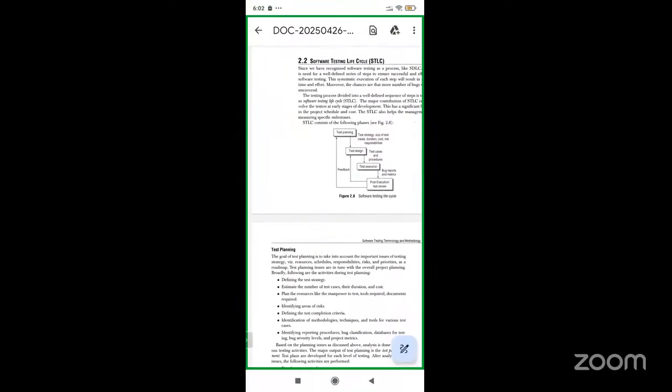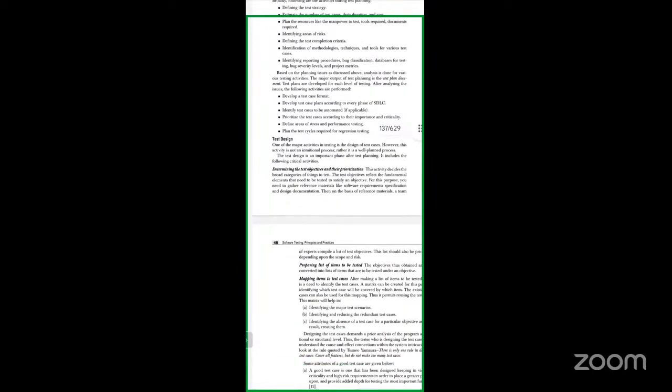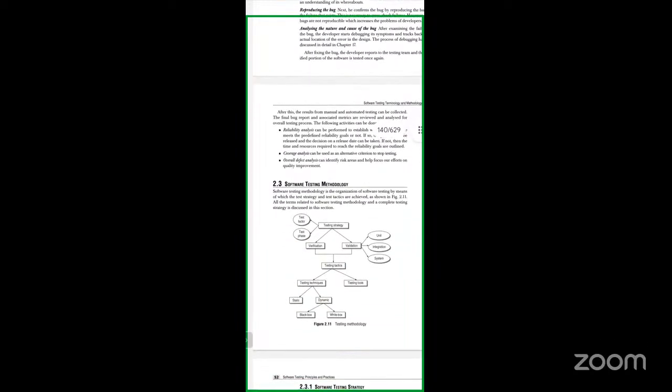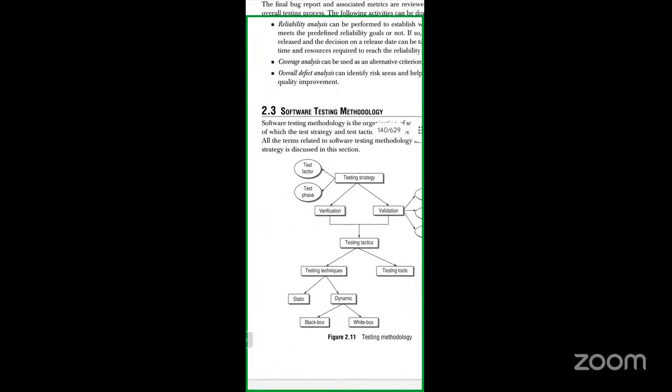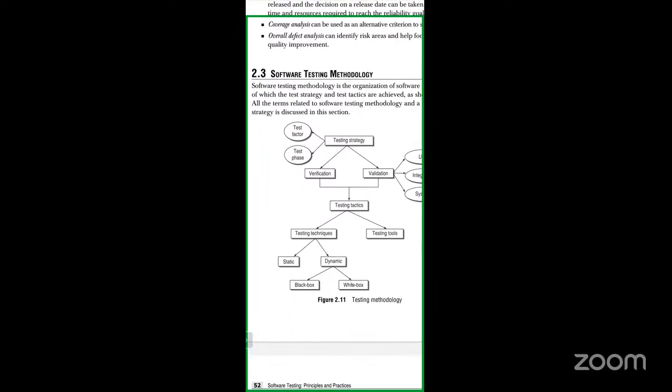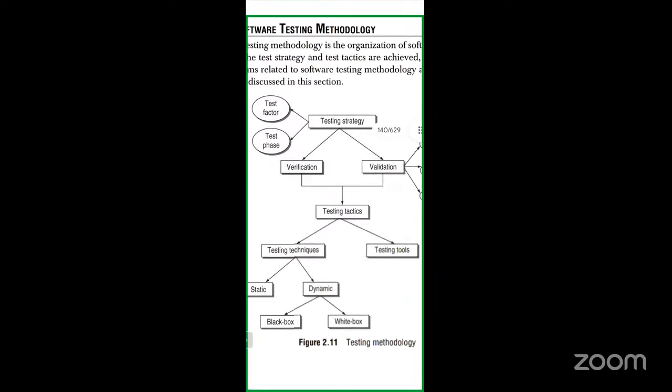Right. So if it is clear, then we can move on to the next one, that is software testing methodology. Here we are going to have the testing strategy, where we will be having the test factors, test phase, verification and validation.